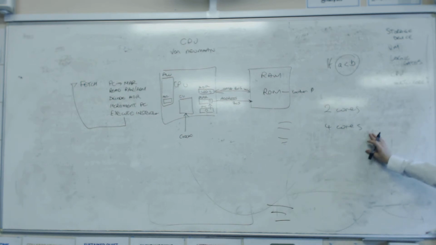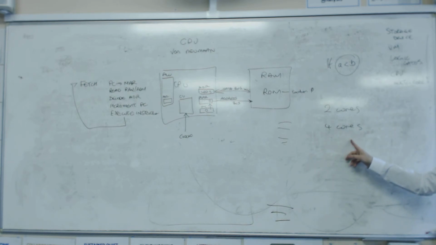So when you're talking about taking advantage of multiple cores, you've got to think about the task. Can it be split up so that we can do separate parts of the task at the same time? If we can, we can take advantage of more cores. If we can't, it's going to make no difference.